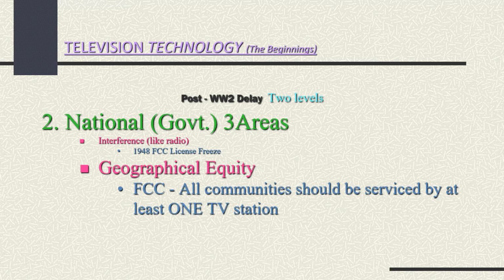So the rule that they made was that if you were applying for a station in a location like Eau Claire, Wisconsin, or La Crosse, Wisconsin, or Casper, Wyoming, or Zanesville, Ohio, you were going to get priority, because they wanted to make sure that there was geographical equity. Television was available to all the communities around the country. At least one station was available to everyone in different places.